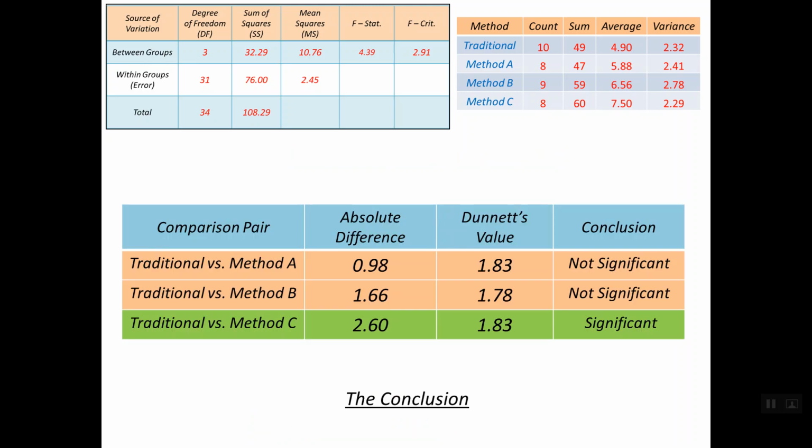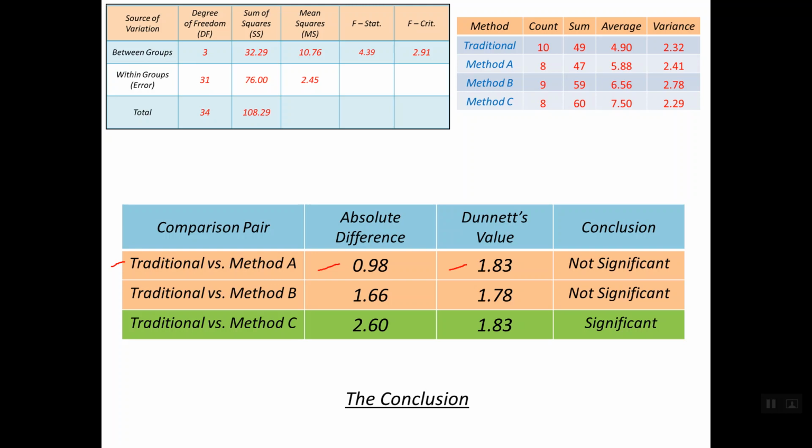So here we have the conclusion for our question. We have three comparisons between the traditional one and the other methods. First, we have this pair, which is the traditional and method A. The absolute difference between the two means for the traditional method and method A is 0.98, and the calculated value for the Dunnett's test is 1.83.